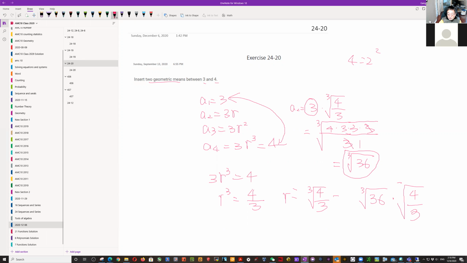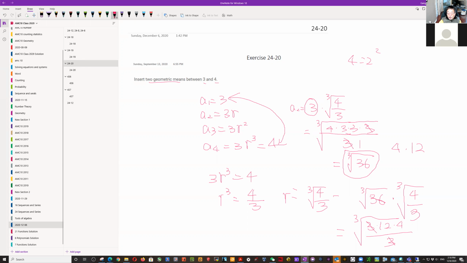Basically, we can cancel, because those are always in the cubic root, I can make a big cubic root, 3 multiply 12, and multiply 4 over 3, and 3 is gone. And then we got 4 multiply 12.